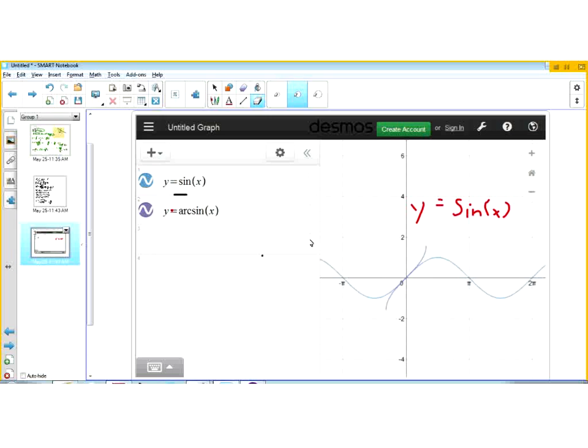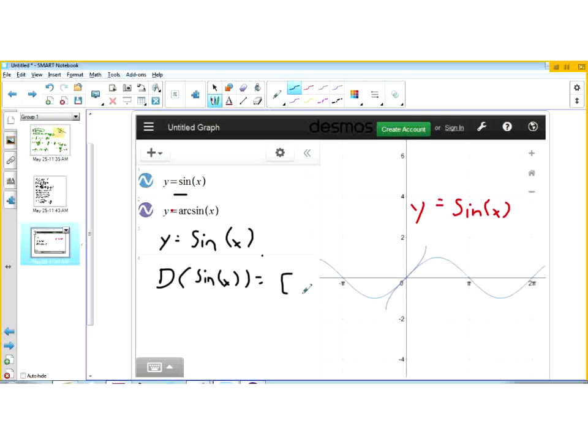Now, for the principal part, for y equals principal sine x, we have the domain of principal sine x equal to, we can say, -pi to pi, so as not to duplicate output values.